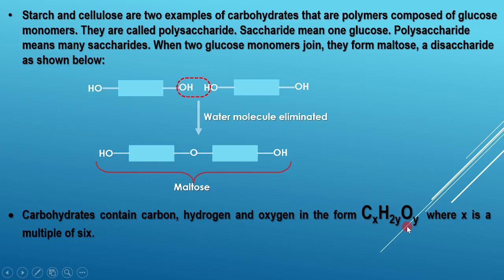You'll find that the number Y, if it is 2, then here it will be 2 times that Y, which means it will be like 4. Then usually the carbon here will only have a multiple of 6. So meaning it can start from 6.